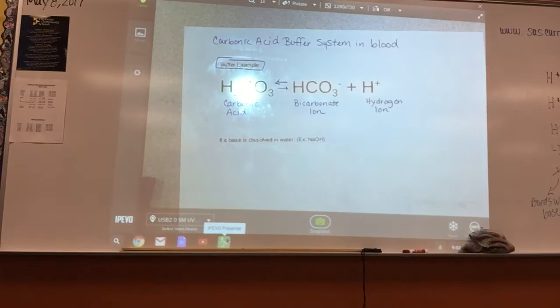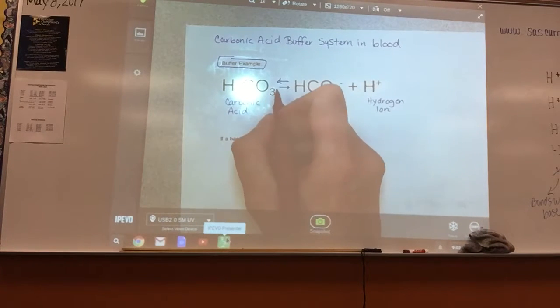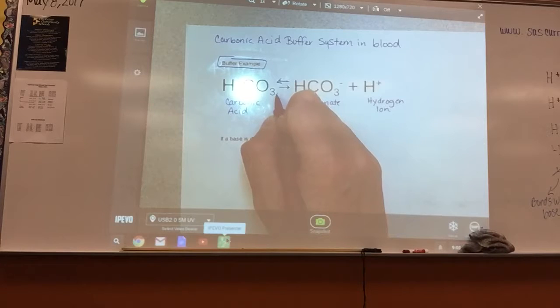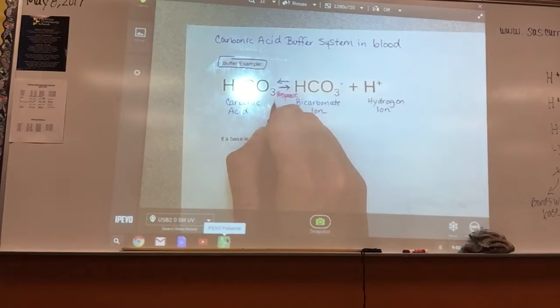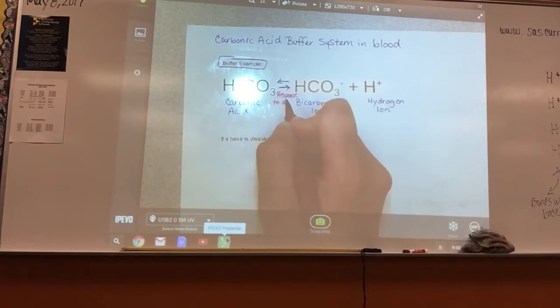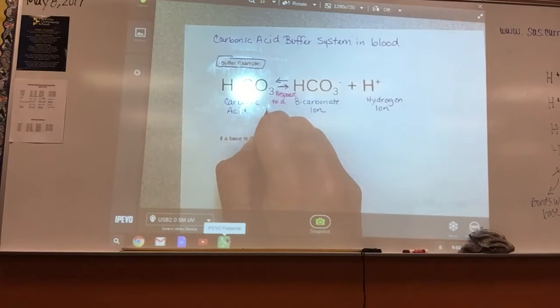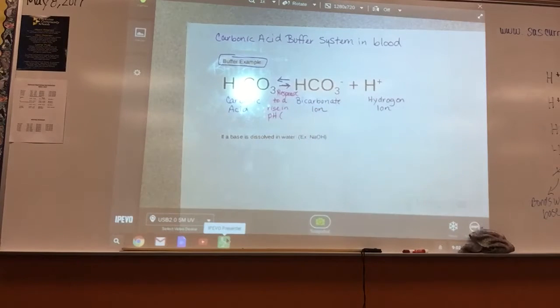So I'm going to put over here by this arrow, I'm going to pick a different color here. I'm going to put this in this direction. This is a response to a rise in pH. If you have a rise in pH, what happens to your hydrogen ion concentration?